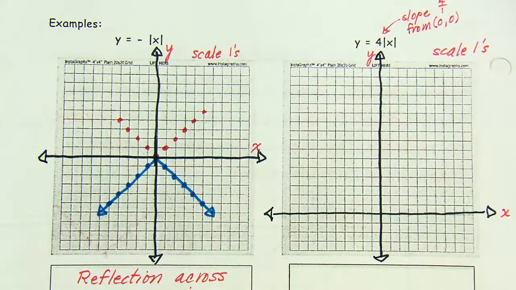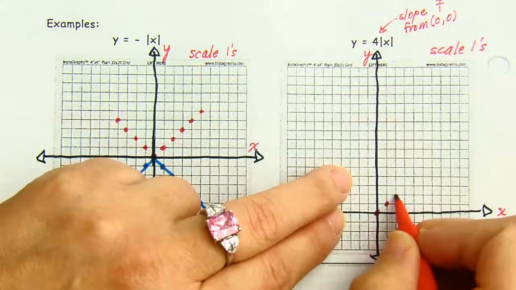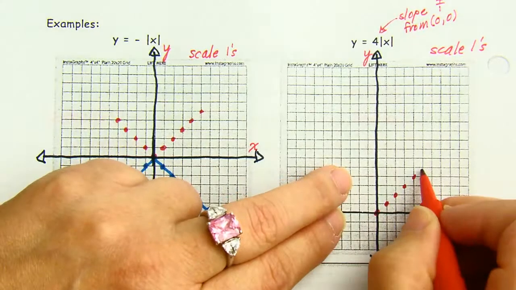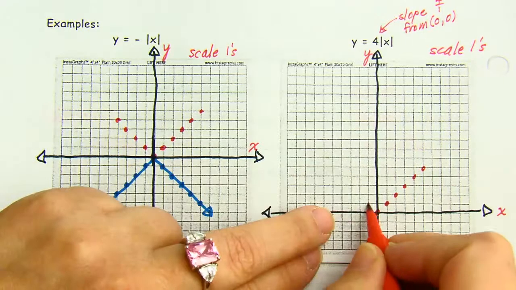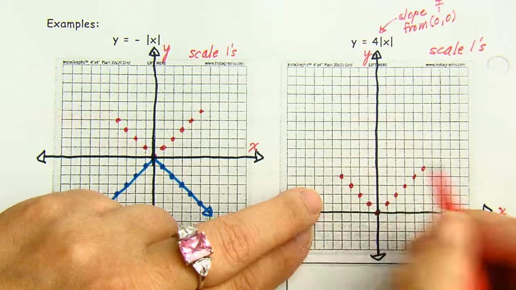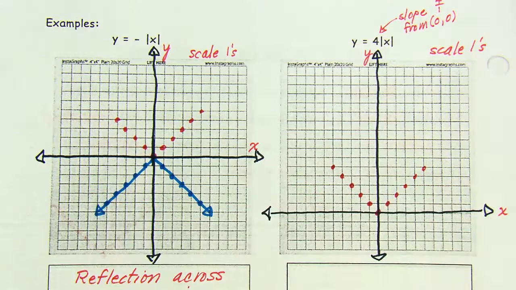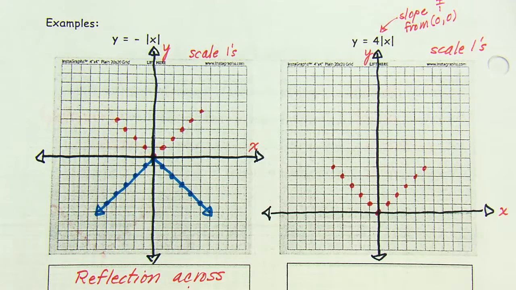Okay? The 0, 0 is not moving. I'm going to just dot in my parent function. And again, I would like you to do this in your homework and on any assessments. Okay, parent function's got to be there. If you have highlighters, that will work for your test or in your homework.